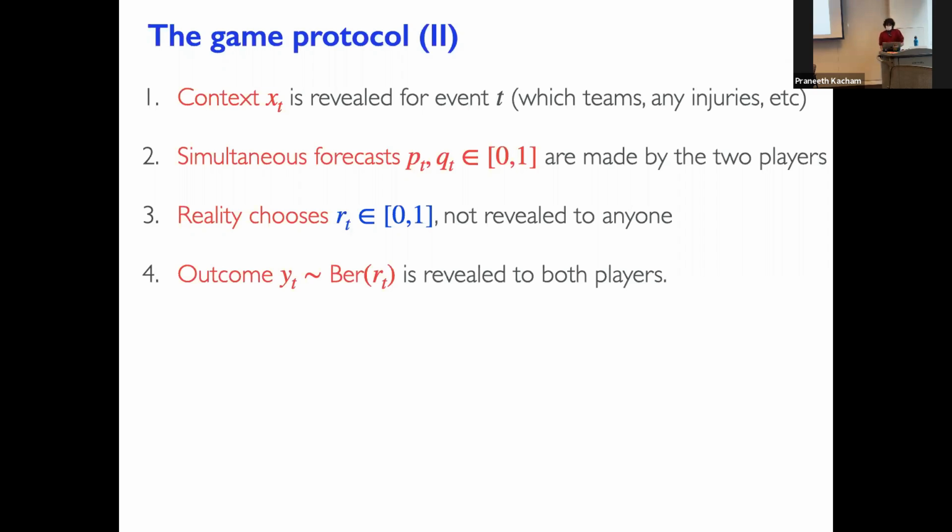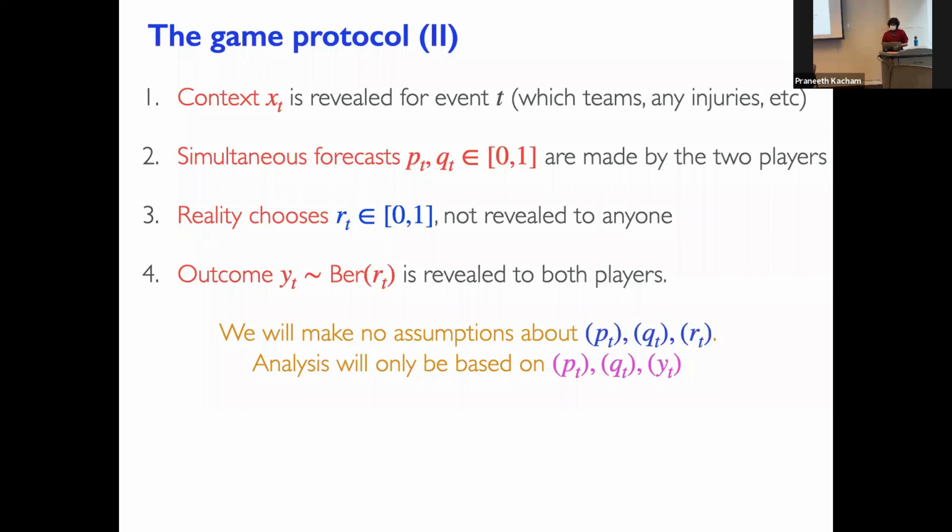Now, the interesting thing about this protocol, now that we have introduced this reality in the middle, is that for the rest of the talk we will make no assumptions about PT, QT, and RT. We have no idea how the forecasters are coming up with their forecasts. We're not going to assume stationarity, IID, mixing, nothing. But most importantly, this protocol only makes sense because we're not going to make assumptions about reality.